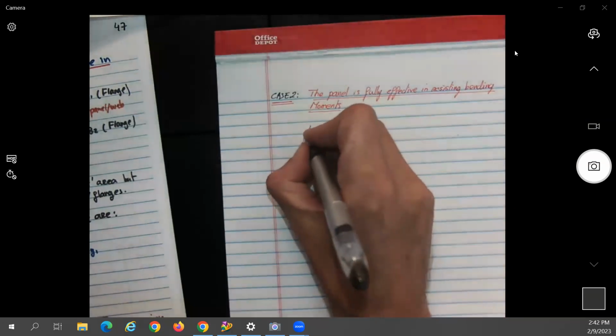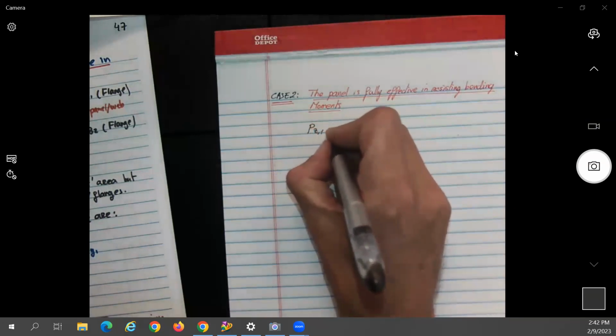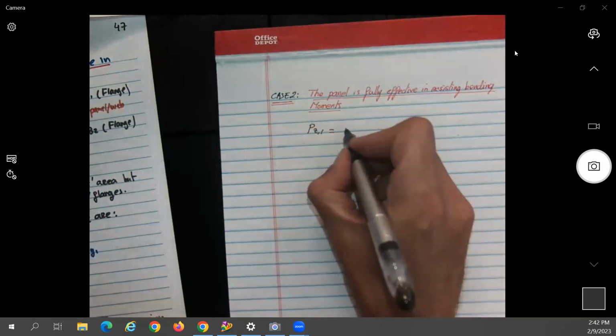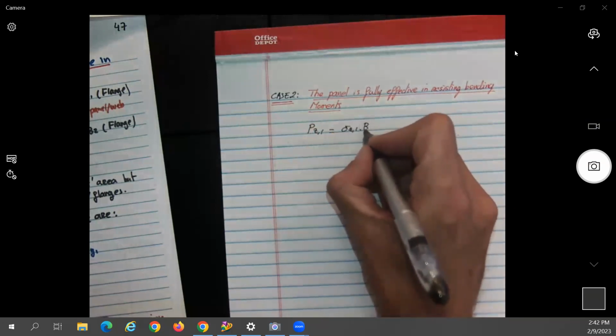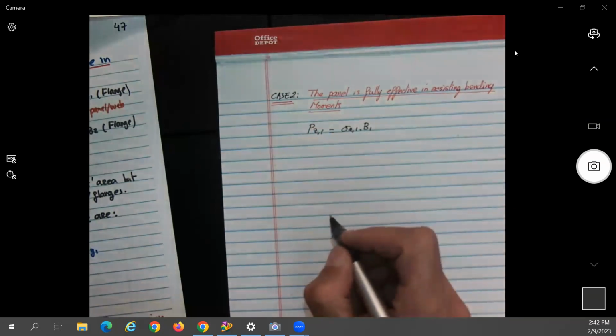Okay, so in that case, we're going to have PZ1 is going to be equal to the bending stress at 1 times the area at 1, the boom area.